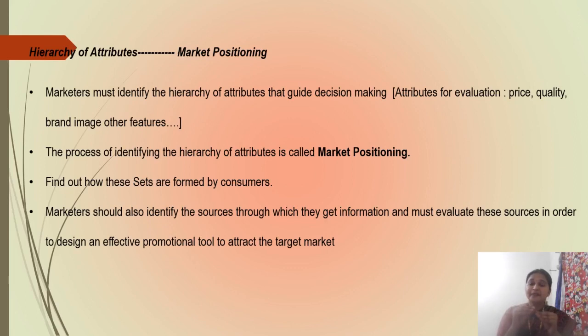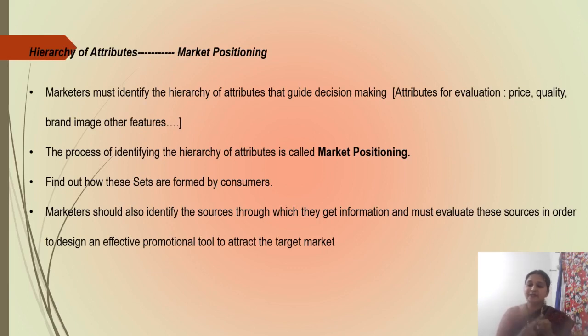A person may give priority to a particular attribute. For example, he may give preference to price. Some customers may give priority to quality. Some customers may give priority to brand.